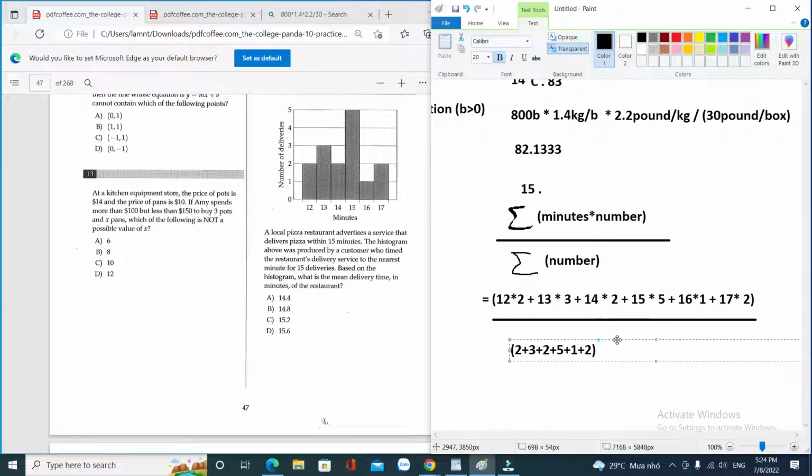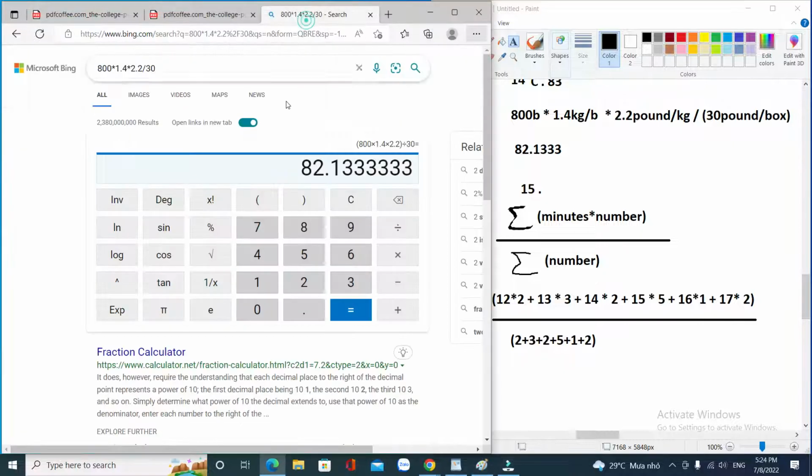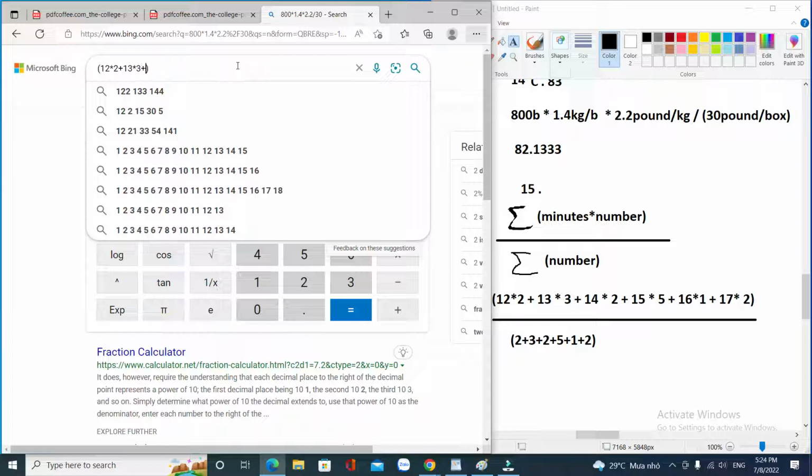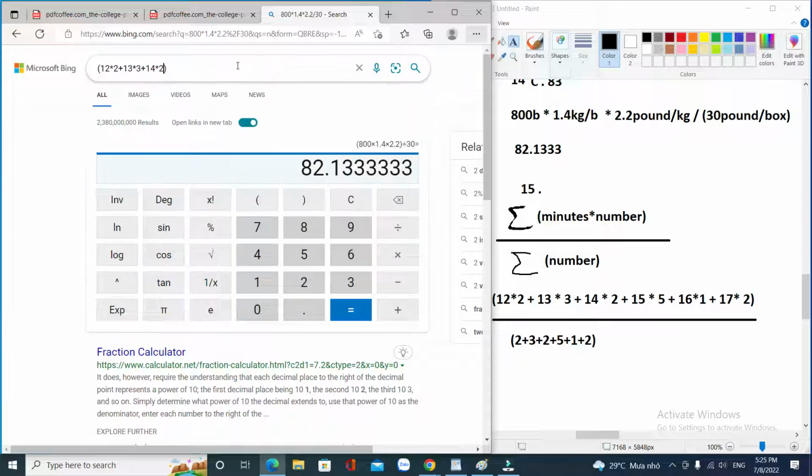So let's see what the result is. Let's type it in. So 12 times 2 plus 13 times 3 plus 14 times 2 plus 15 times 5 plus 16 times 1 and plus 17 times 2, divided by 2 plus 3 plus 2 plus 5 plus 1 and plus 2.